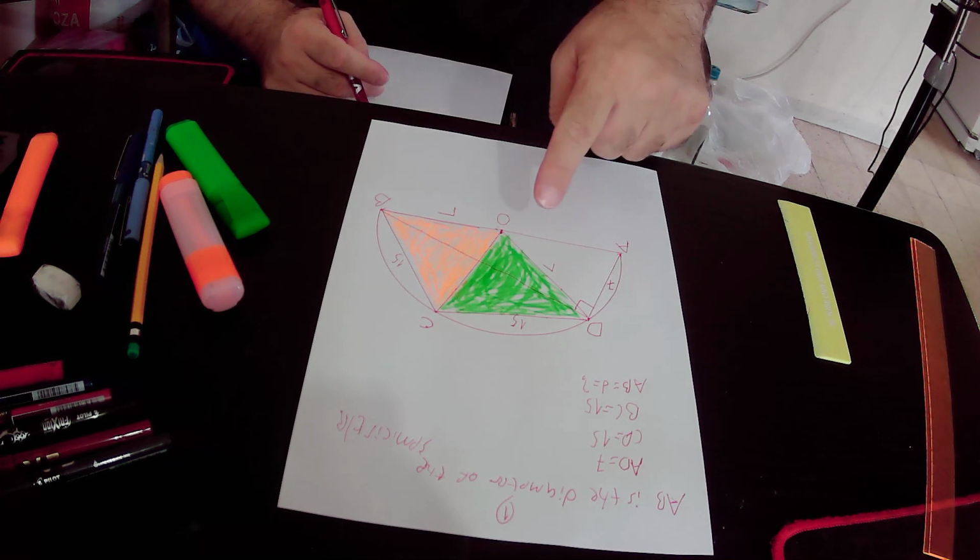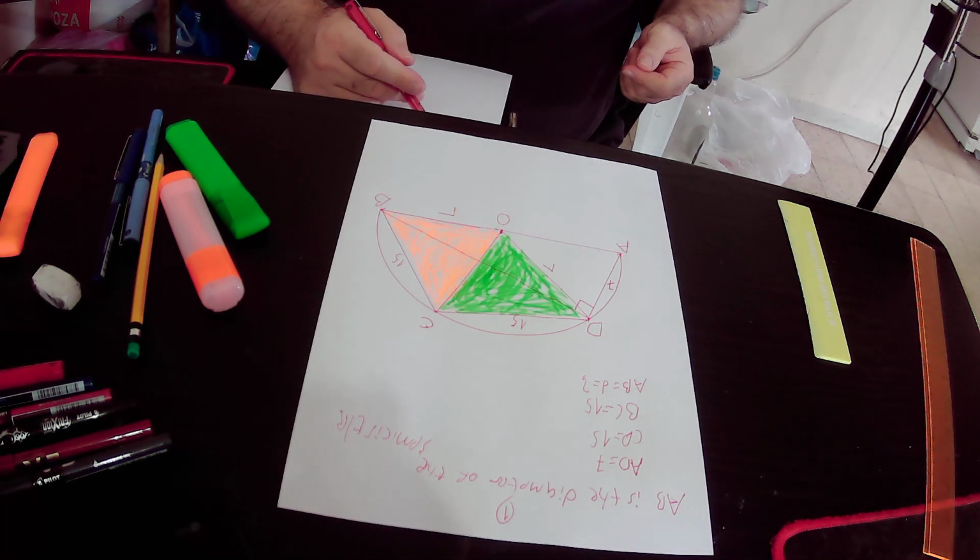Therefore, the green triangle is congruent to the orange triangle.